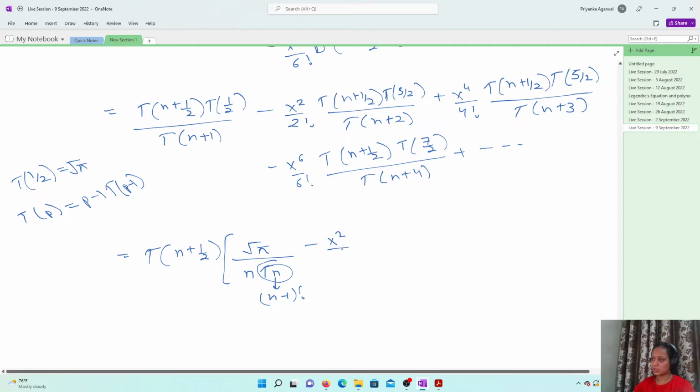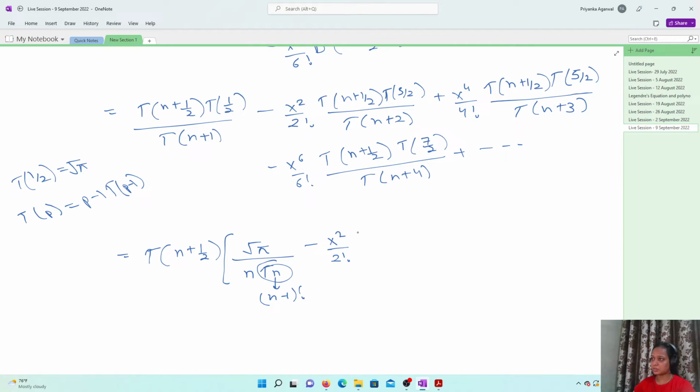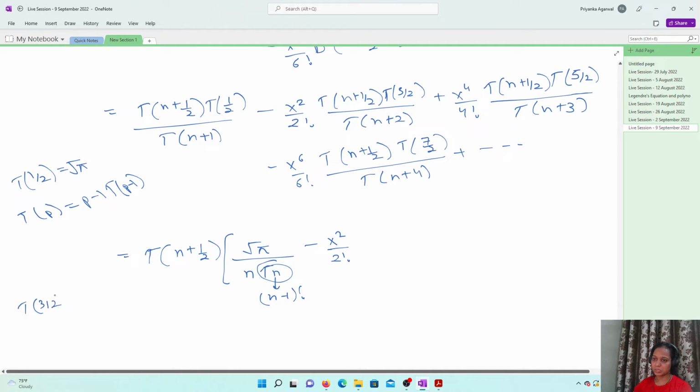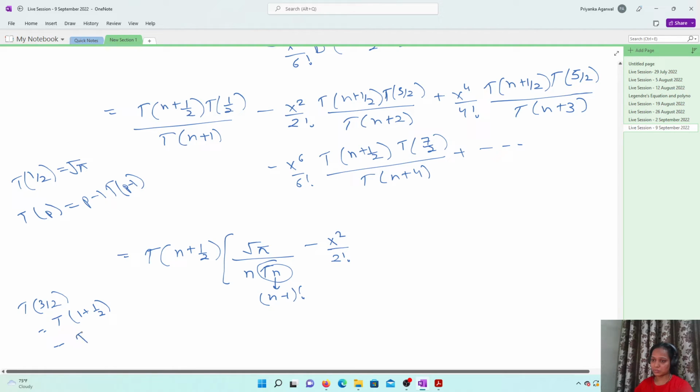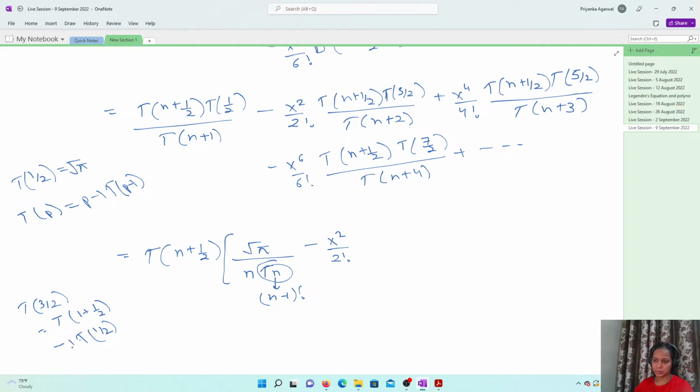Then for the other term, x square over 2 factorial, gamma of n plus 1 by 2 is taken common, and then it becomes gamma of 3 by 2. So gamma of 3 by 2 can be written as gamma of 1 plus 1 by 2, that means 1 by 2 into gamma of 1 by 2.